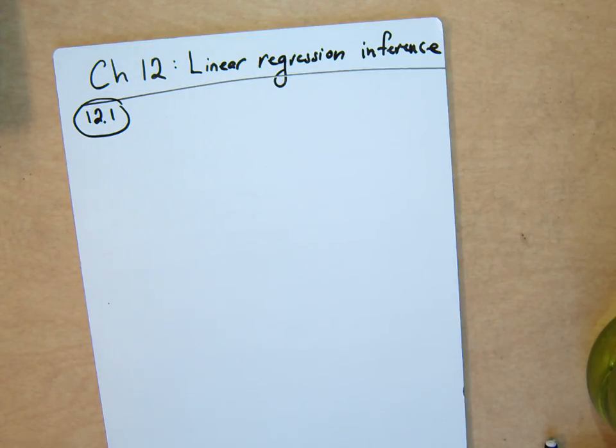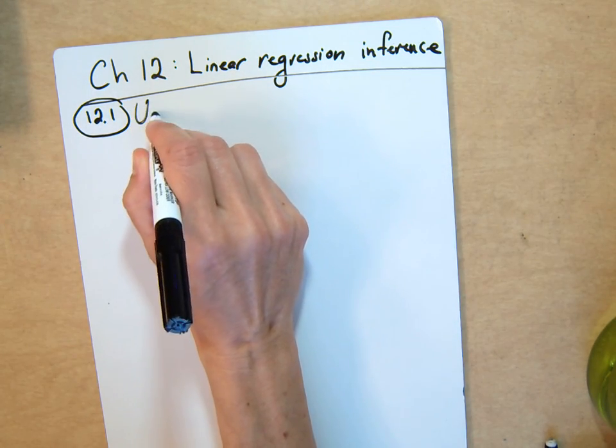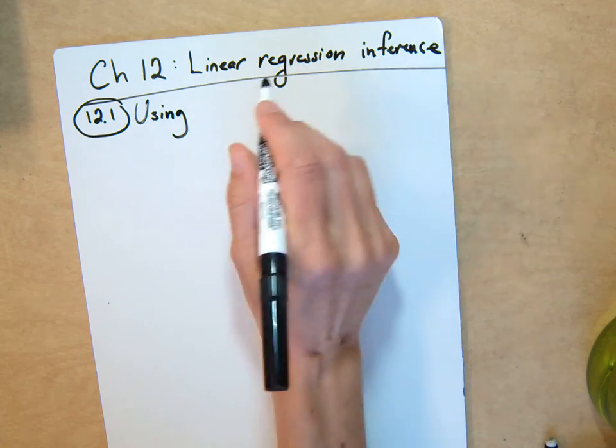Section 12.1 is what linear regression inference is about, using a sample regression line to estimate the population regression line. That's in a nutshell what it's about.